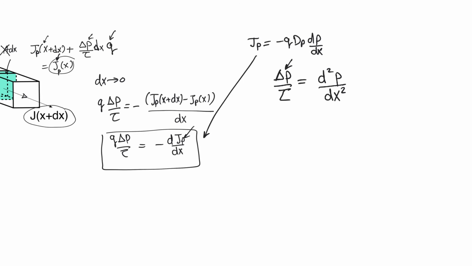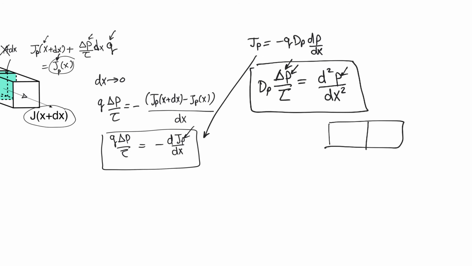And so this is the main equation we have to work with. Right, so this is the second order differential equation we have to work with, except that there's one problem with this, which is that it is relating delta p to p. So let's just think about what delta p is and what p is.